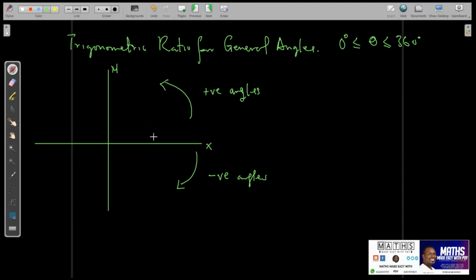Please, am I clear? Yes, please. So always the angles in trig are linked up with the x-axis, and because of that, how many quadrants do we have in this Cartesian plane?